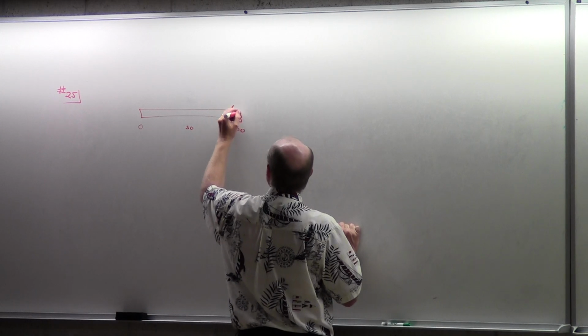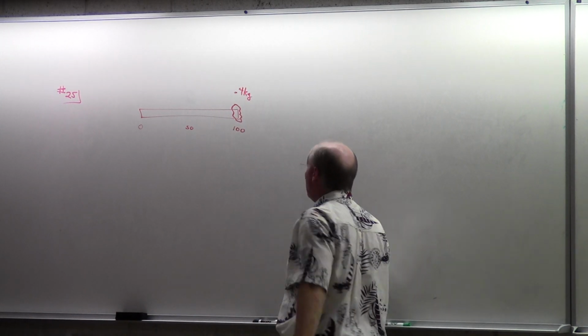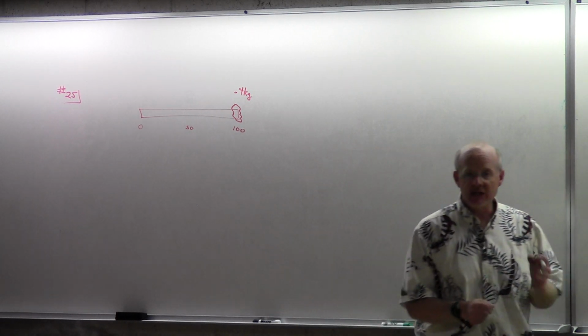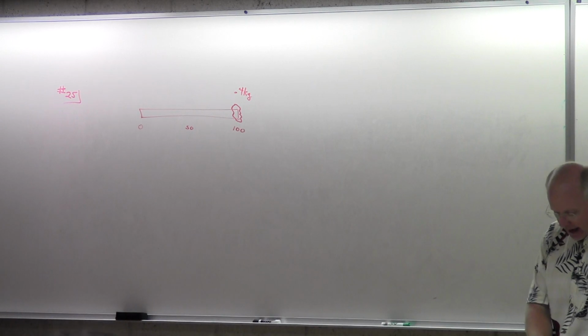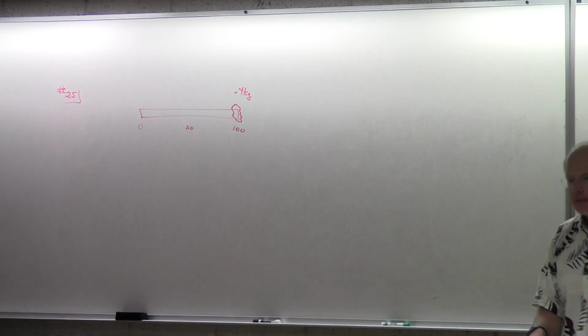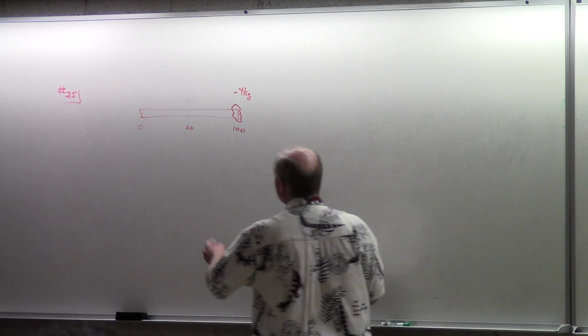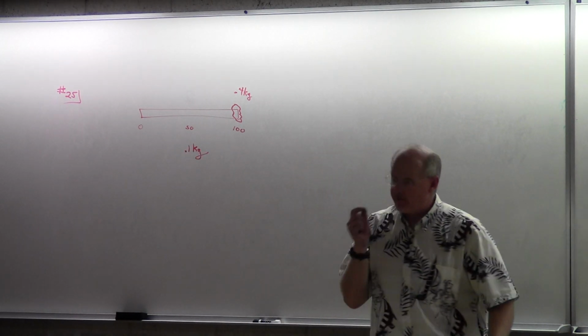And what they say is there is a blob of 0.4 kilograms stuck to the meter stick at the 100 centimeter mark. Watch, I'll read it again. A particle of mass 0.4 kilograms is attached to the 100 centimeter mark of the meter stick. The meter stick has a mass of 0.1 kilograms. So maybe I'll put that on here, not to forget that the meter stick itself does have mass.